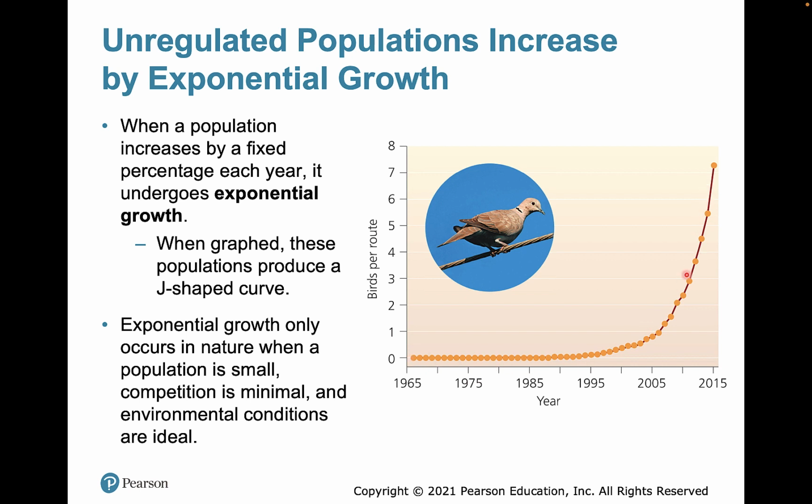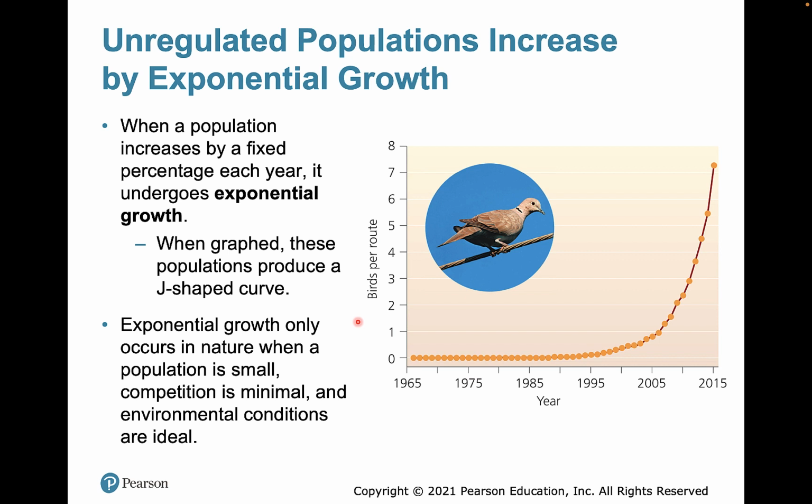You need to know that exponential growth gives you a J-shaped curve. Exponential growth only occurs naturally in nature when the population is small, when there's not a lot of competition, and when the environmental conditions are ideal, when there's plenty of resources.